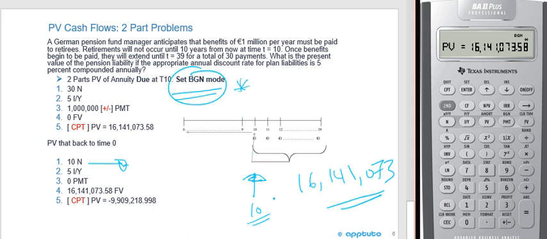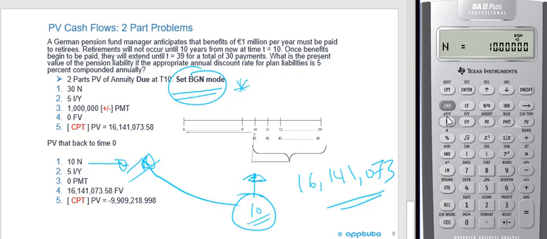Now that's a different number because I've used the beginning mode, okay? But now I know that's due at the beginning of the 10th year, and I'm in the beginning mode, so I can use my n as 10, okay? So again, I can just make that my future value, 0 payment, 5 IY, and now that's the beginning of 10 years, 10 years from now.